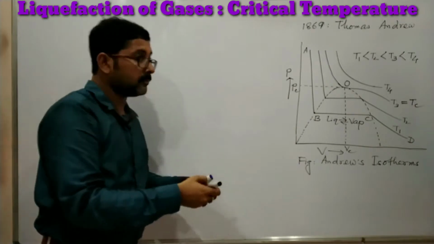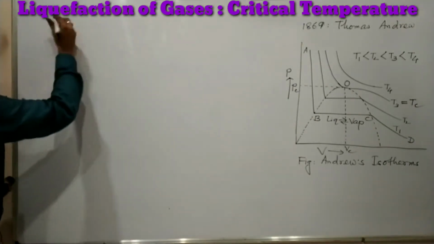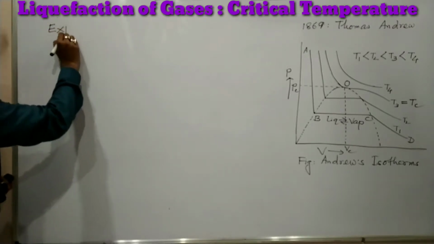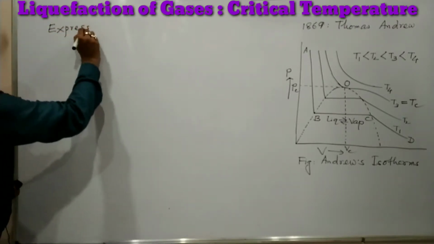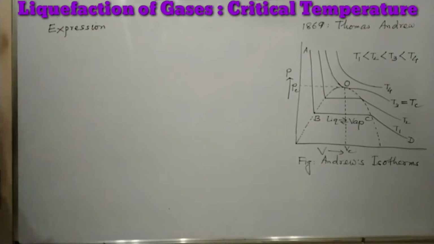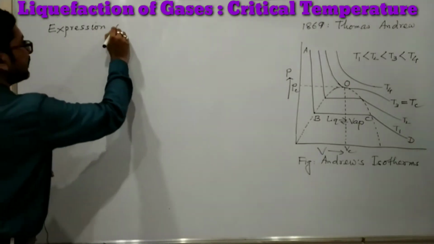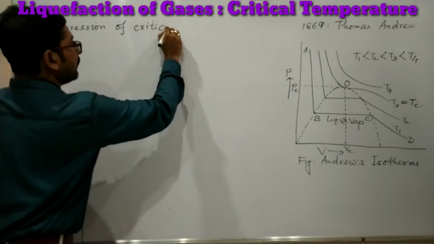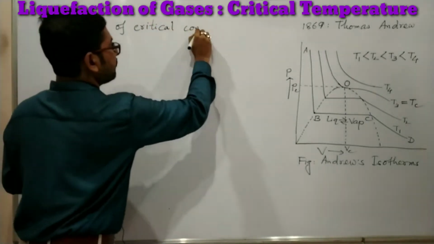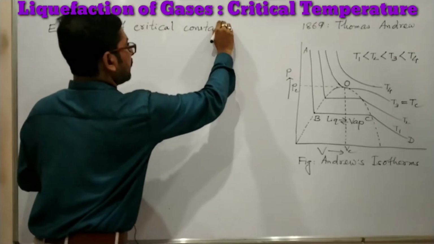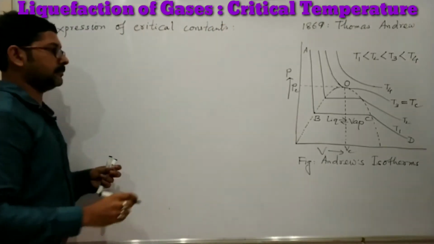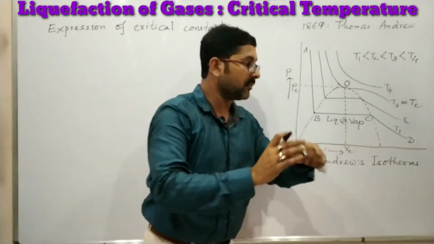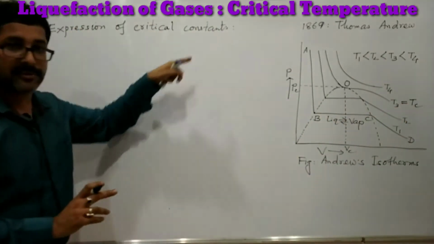Next, we are going to derive the expression of critical constants. Actually, the critical pressure, critical volume and critical temperature, these are collectively called critical constants.